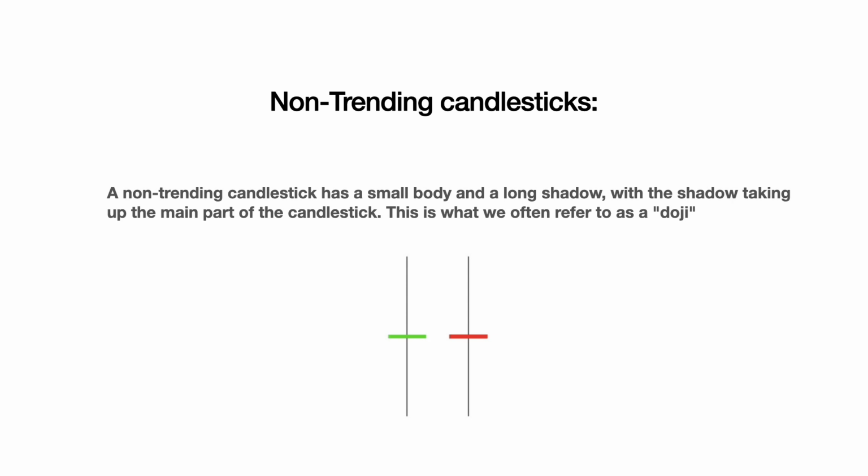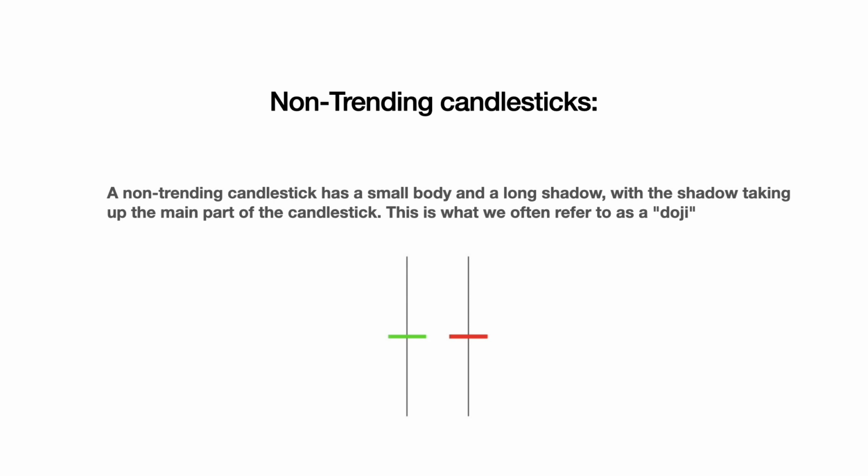Hence, the price movement within this candlestick is range-bound. If we locate the position of a non-trending candlestick in a shorter time frame chart, we can see that every non-trending candlestick exhibits up and down oscillation within a range. All candlesticks are either trending or non-trending. All non-trending candlesticks are what we often call doji.